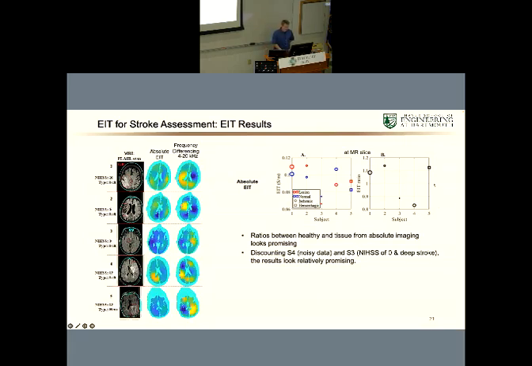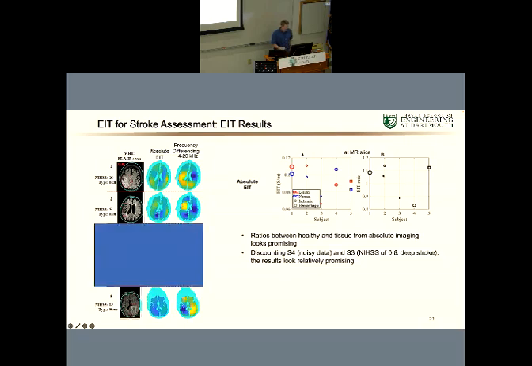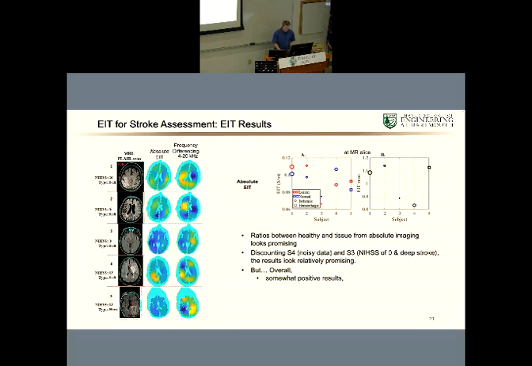So potentially these are positive results. If I were to block those out, things would correlate very well, but I can't do that. So somewhat positive results. There's a bit more work to be done.